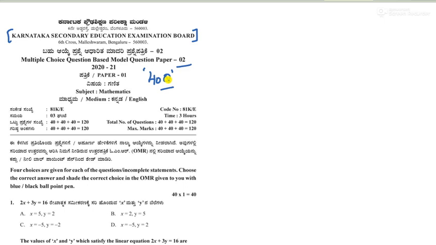Before starting solving the problems, let me tell you one thing. Keep this in mind; you can take it as a tip for your exam. When you write your exam, always try to start answering from the question which you are 100% sure about.